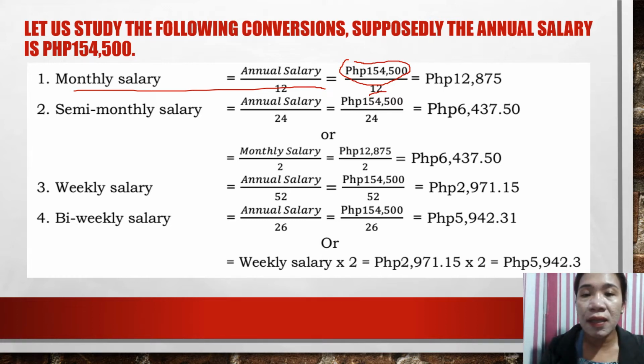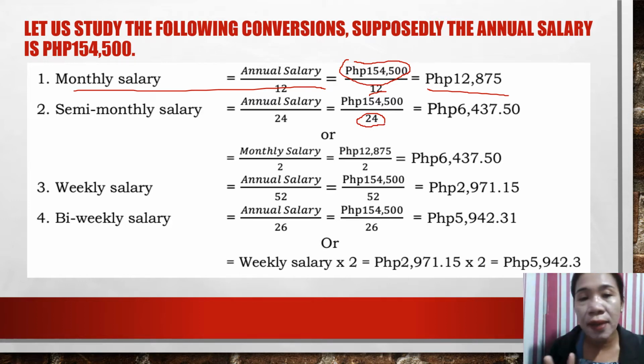Thus, the monthly salary of that particular person is 12,875. Well, the semi-monthly salary is, of course, you simply divide the annual salary by 24.